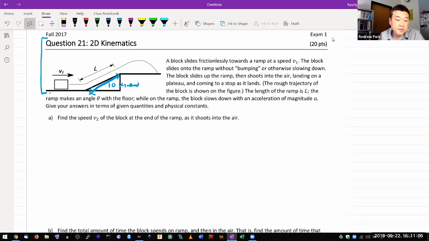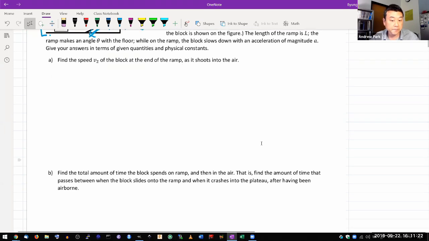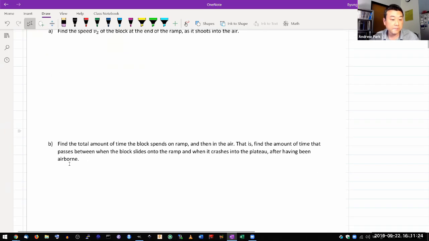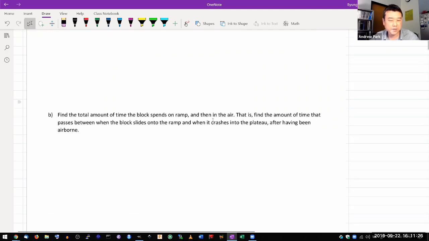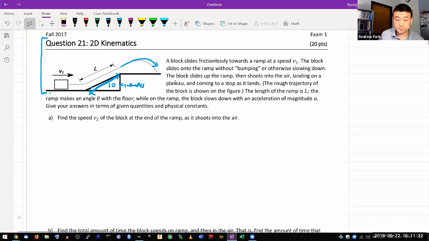And it has a second part where it's now in the air undergoing projectile motion. So as you look at this multi-part question, you'll see that up through part A is 1D kinematics. Then B is kind of a combination because you have to figure out the part in the air. And so we'll get started from the beginning here.